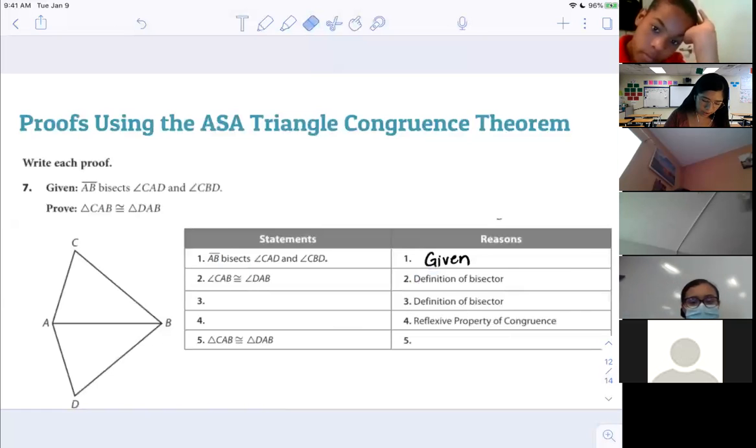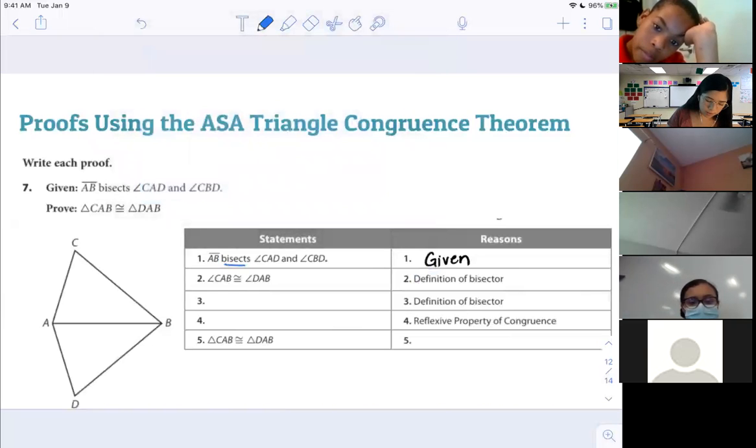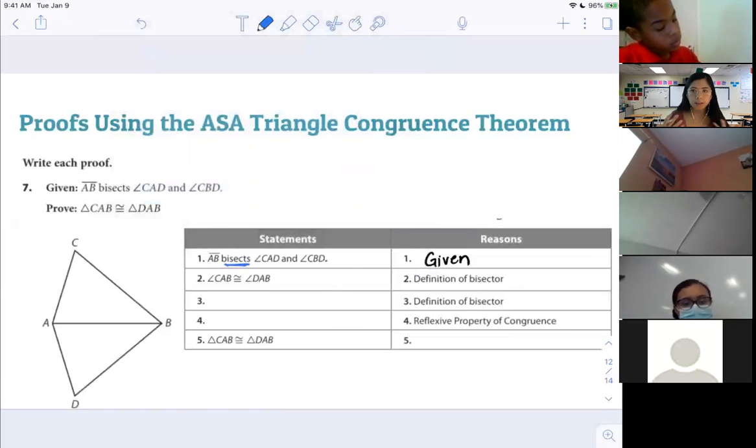Like if you bring up a new word, the next step is probably going to give you the definition of it. Okay. So they tell us that AB bisects angles CAD and CBD. So can anyone tell me what this does? It splits it in two and makes two equal angles, not right angles, yeah, like Perla said, equal angles.